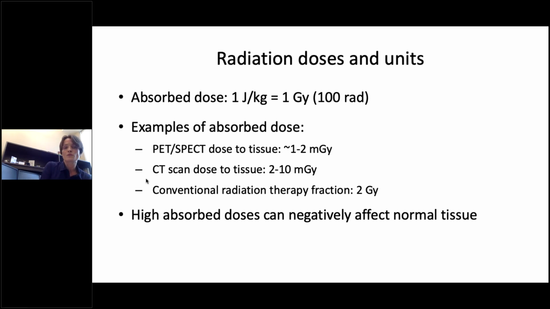However, there are also types of radiation exposure where the radiation dose gets much higher. So for instance, in radiation therapy, often done in the form of X-rays, the local dose to the tumor and to some normal non-cancer tissue that is around the tumor would be 2 gray per day. And these patients often get treated with several fractions over, for instance, 30 days of 2 gray each day. And especially when we come to these higher absorbed doses, such as in these cancer patients, then we know that negative effects can occur.